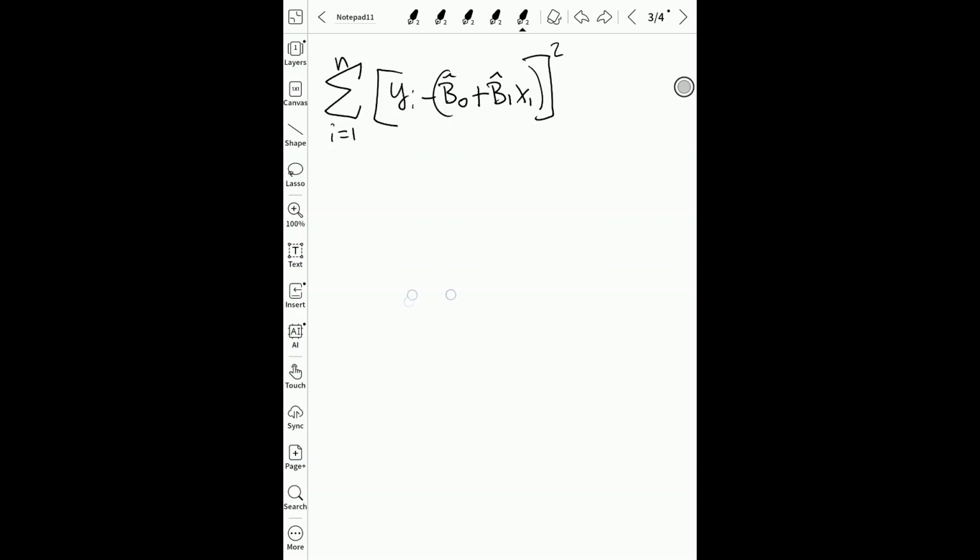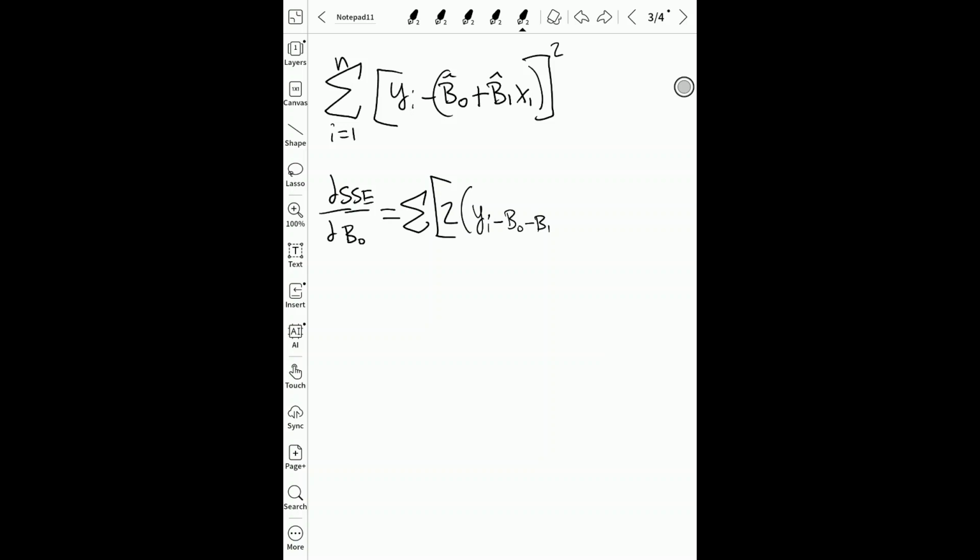So if we take the partial derivative of SSE with respect to beta naught, using chain rule, we're going to get 2 times (yi minus beta naught minus beta 1 xi).